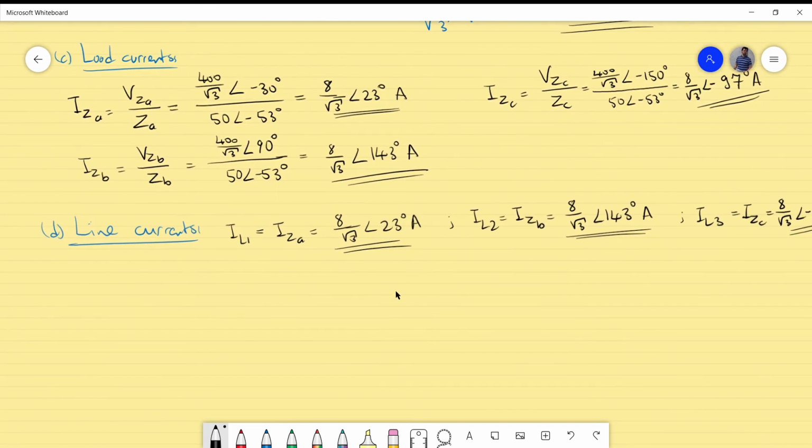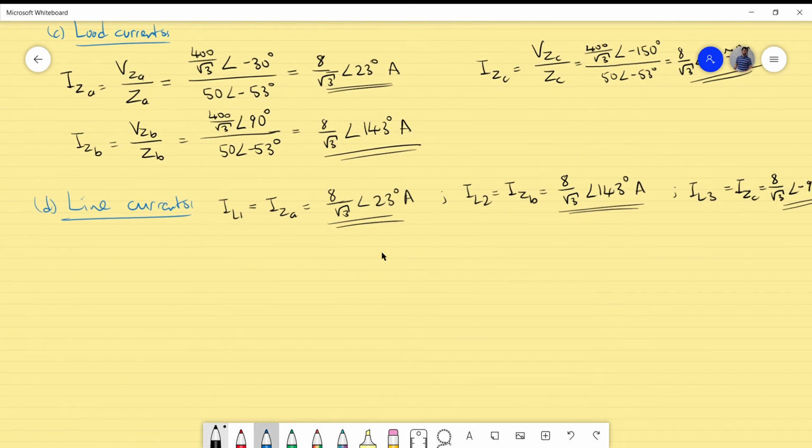The last one is for the phase currents. This is a little bit complicated, so again we have to use a formula and we will check that. For the phase currents, I phase of A, which is the current through the load, is IZ of A divided by the square root of 3, and what you do is the following.